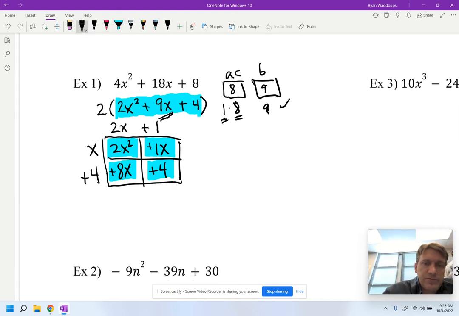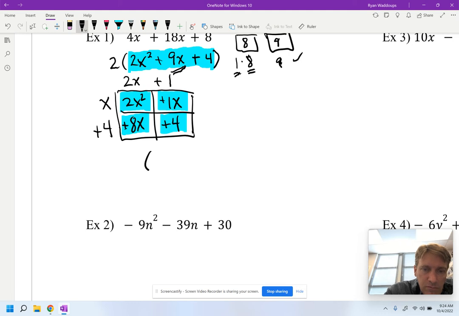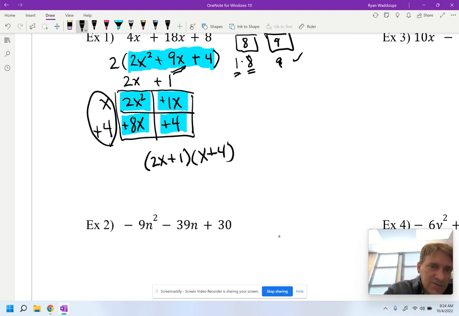And so my factors are 2x plus 1 times x plus 4. This is the x plus 4, and this is the 2x plus 1. And I need to make sure that I remember that 2 right there that I factored out at the beginning is one of the factors of the original expression.